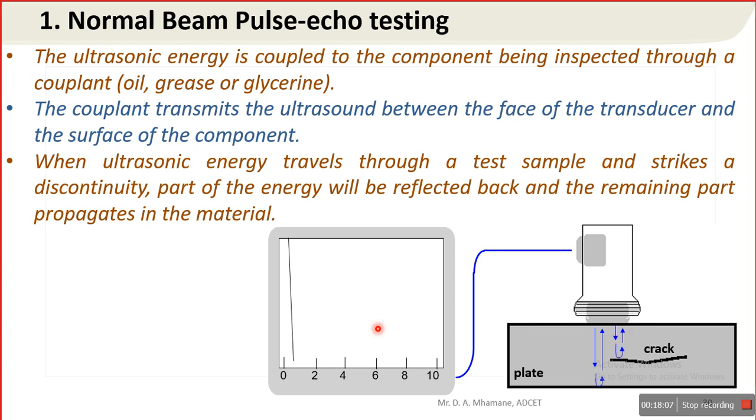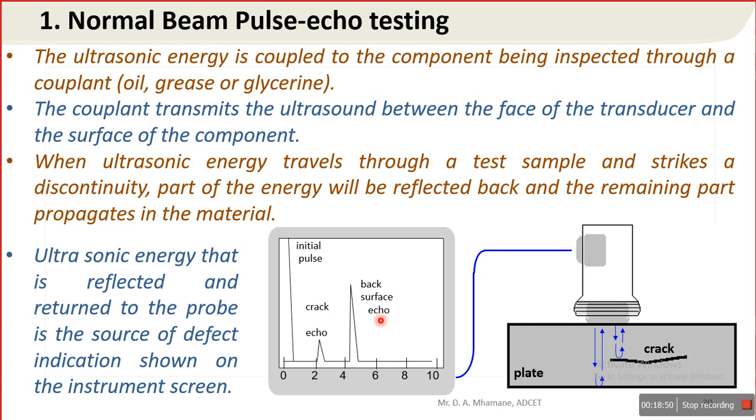So if we consider this image, as we already discussed, this is the transducer, this is the pulse echo technique transducer. A single probe can transmit and receive the ultrasound. So when ultrasound emits from the transducer, it strikes the extreme end or the flaw, and we get the synchronization between the machine and transducer. This is the crack echo and this is the back surface echo. So this is the normal beam pulse echo testing.